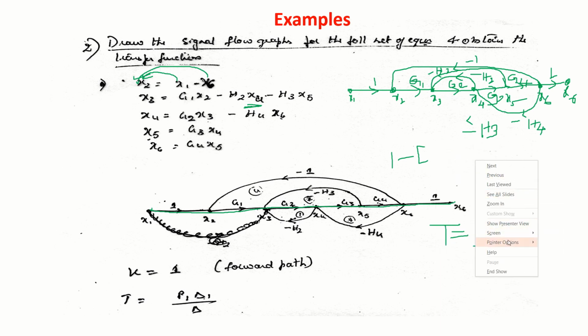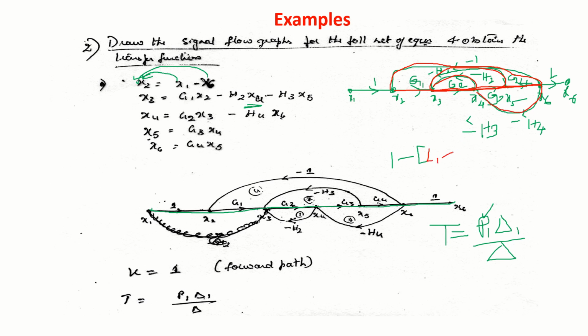There is one loop here. There is another loop here. There is another loop here. There is another loop here. There are 4 loops. You can write L1 plus L2 plus L3 plus L4.